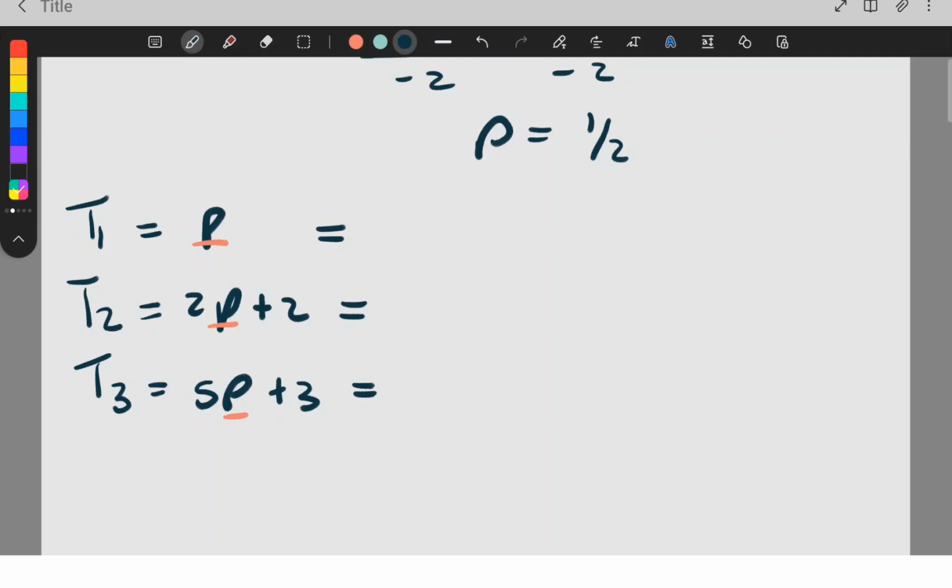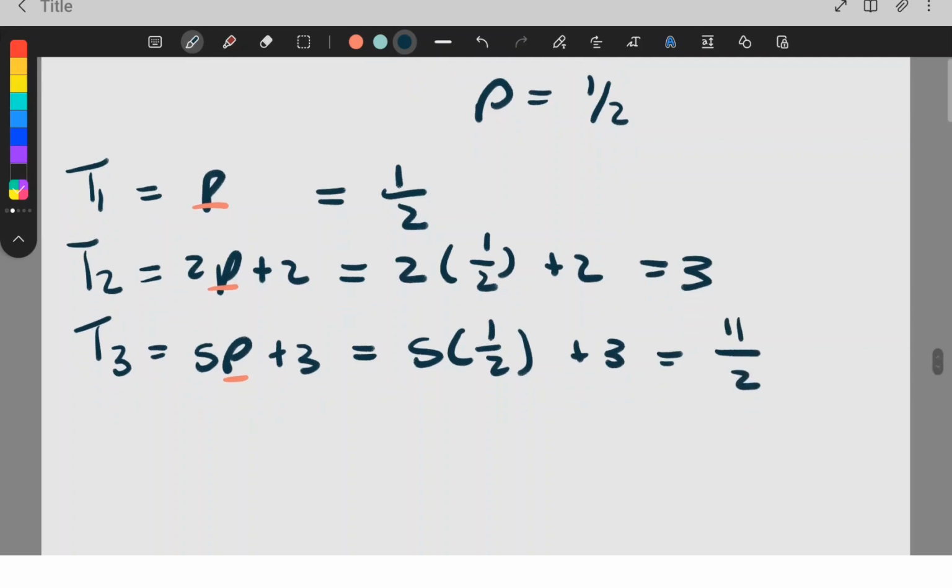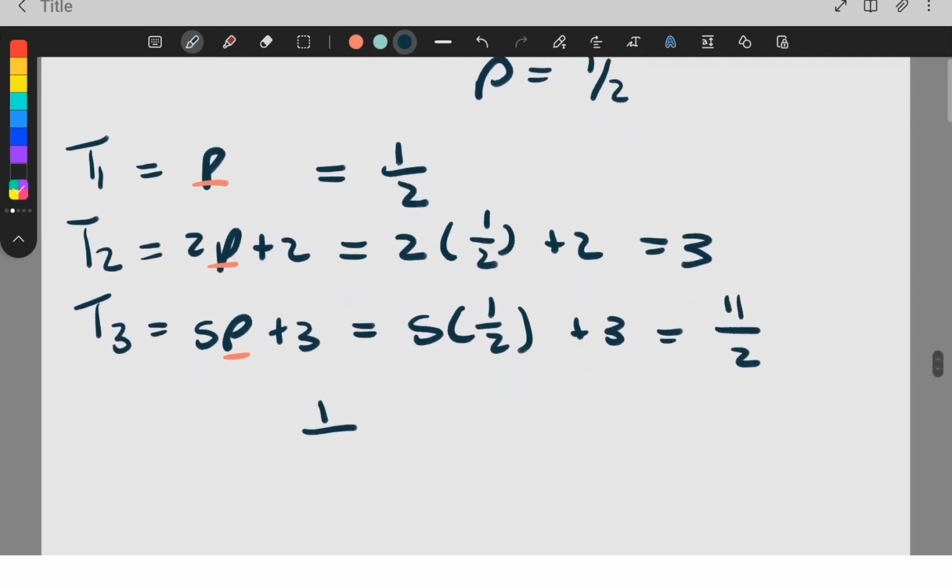The first term is just p, so it means this is a half. This one is 2 times a half, plus 2. This gives me 3. And this is 5 times a half, plus 3. This gives me 11 over 2. So the sequence is term 1 is a half, term 2 is 3, term 3 is 11 over 2. That's the sequence.